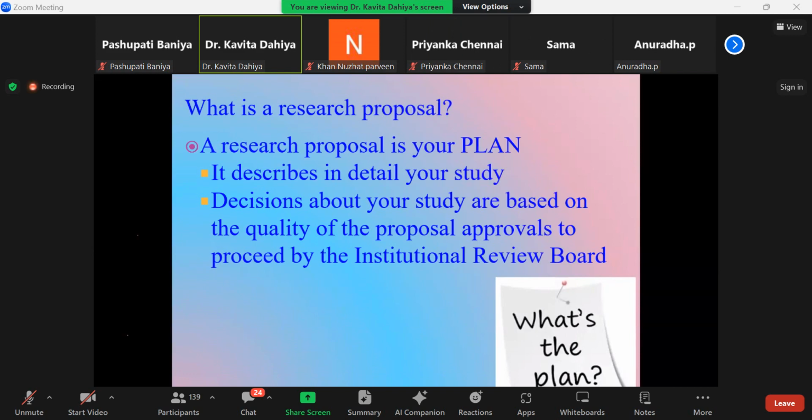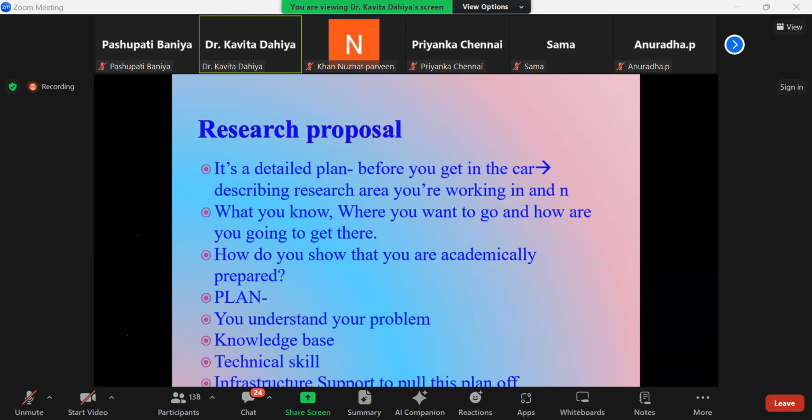So this is the research proposal, a tentative plan, which you may present to your institutional board or review authorities, who will review your plan, review your proposal, and after that they will approve it. So this research proposal is a detailed plan before you get started, describing the research area you are working in and what you know, where you want to go, and how you are going to get there.